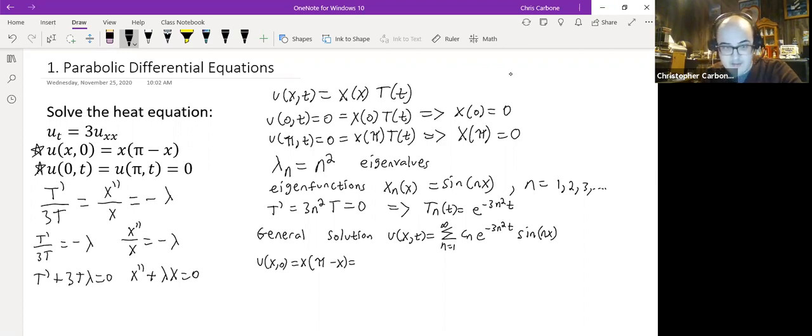We could set that equal to the sum as n equals 1 to infinity of c sub n times sine of nx. And this would be within the values of 0 and pi for this particular case.